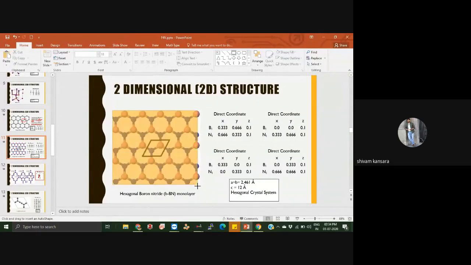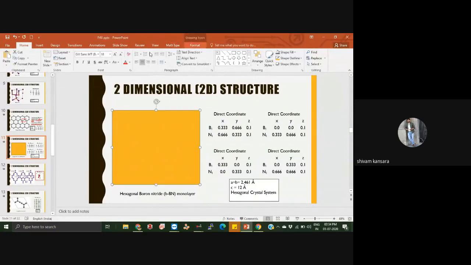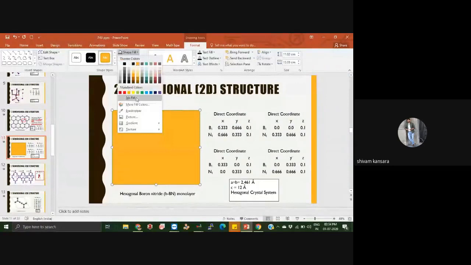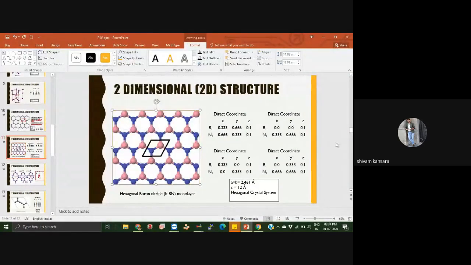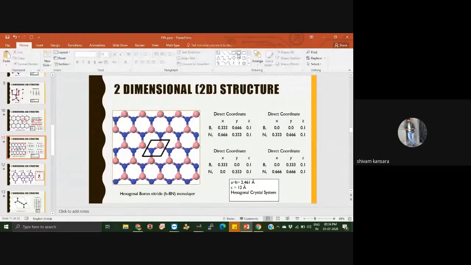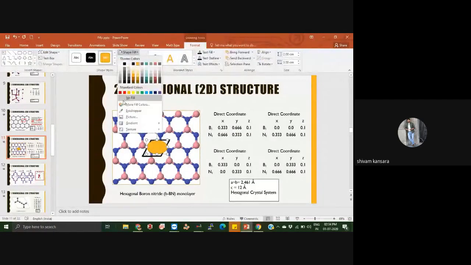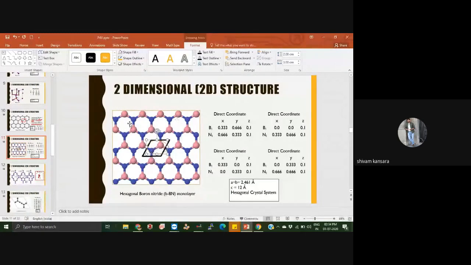Suppose this is a complete supercell, and here I wish to create doping. I want to remove these two atoms from the supercell.